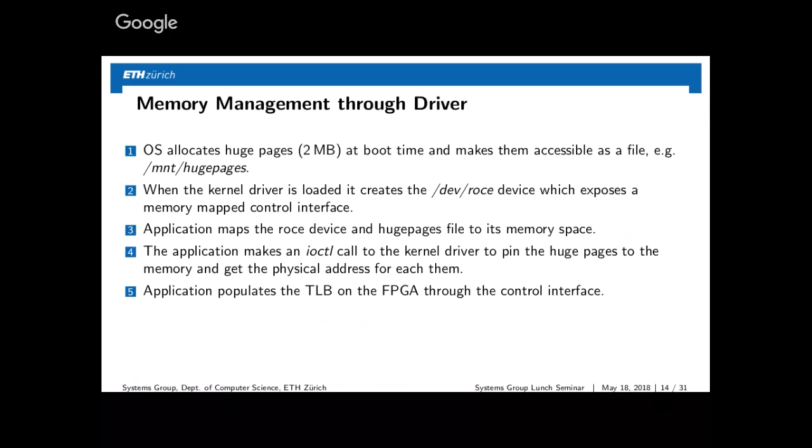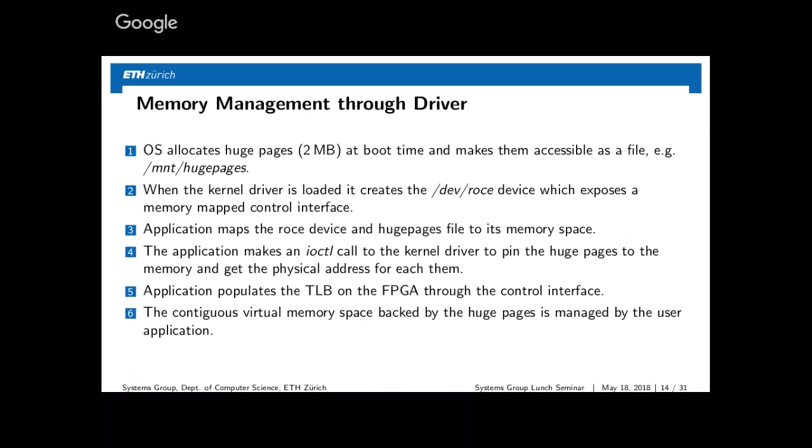This is then needed to populate the TLB on the FPGA. And once we have done this, all this memory space is only allocated at boot time, so we don't do new allocations at runtime, and therefore essentially the application has to manage the whole space itself. And then once we have done all of this, we can initialize the card and start running the application.